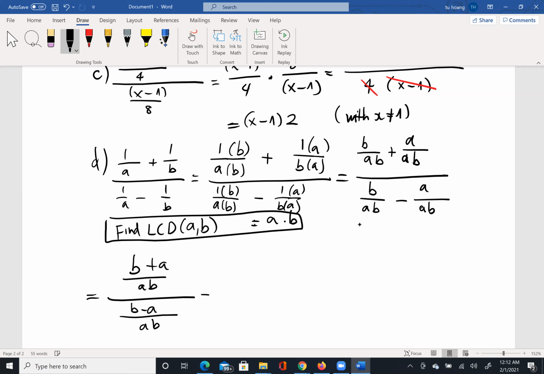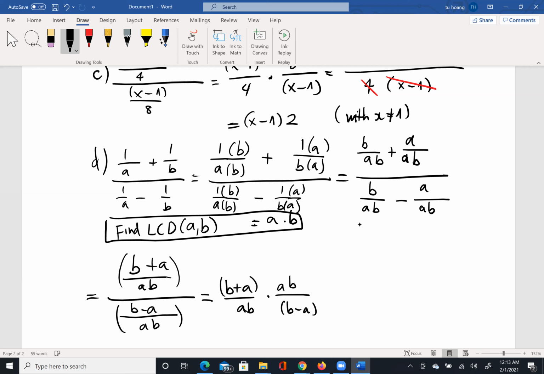So we can move to step number two, because now you have a single fraction for both denominator and numerator, and you can just multiply the numerator b plus a over a b with the reciprocal of the bottom, a b over b minus a.